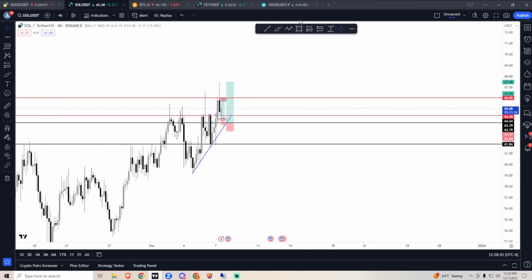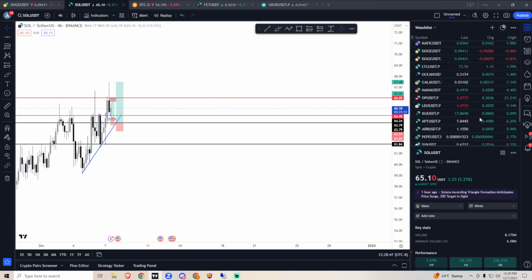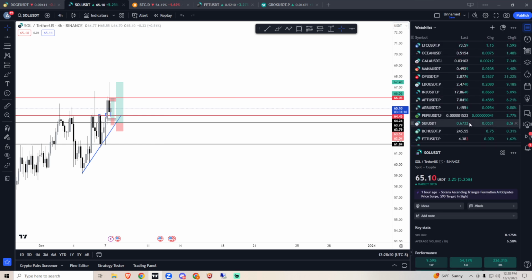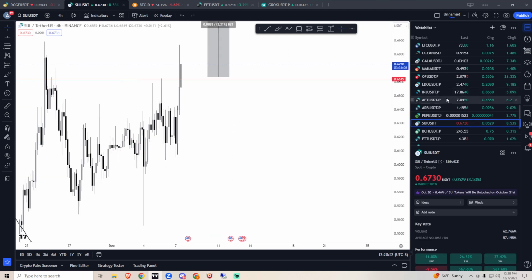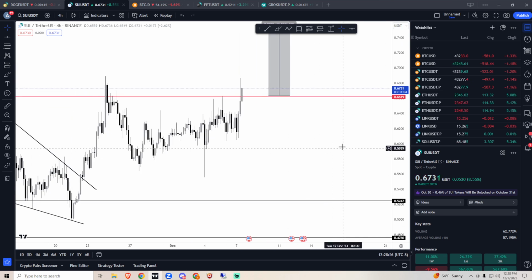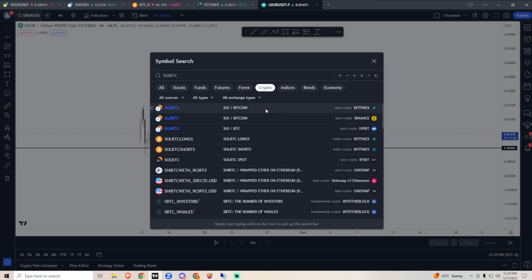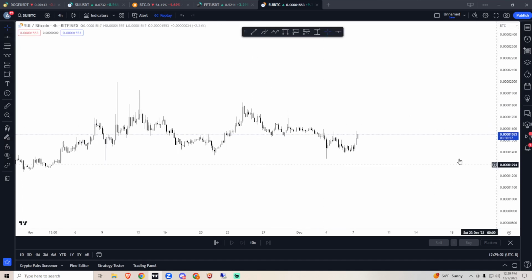Okay. Now if we were looking at a different coin, let's just say my eyes are on SUI. I think this would pump hard. See, market down, this coin's up. Now, why is this coin up? Bitcoin pairing. Okay.